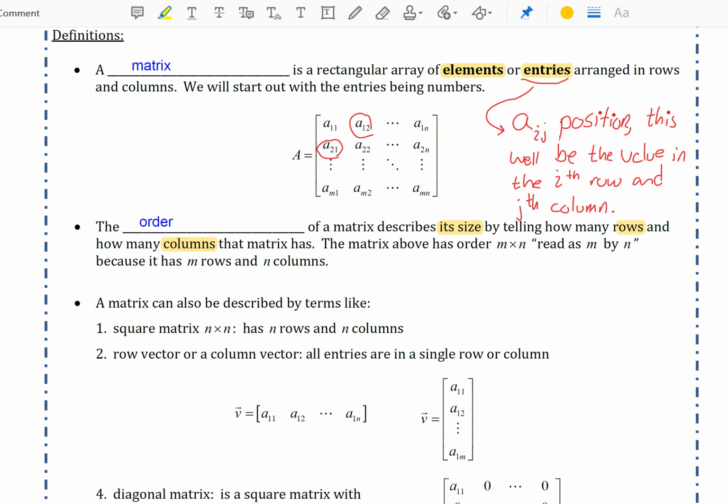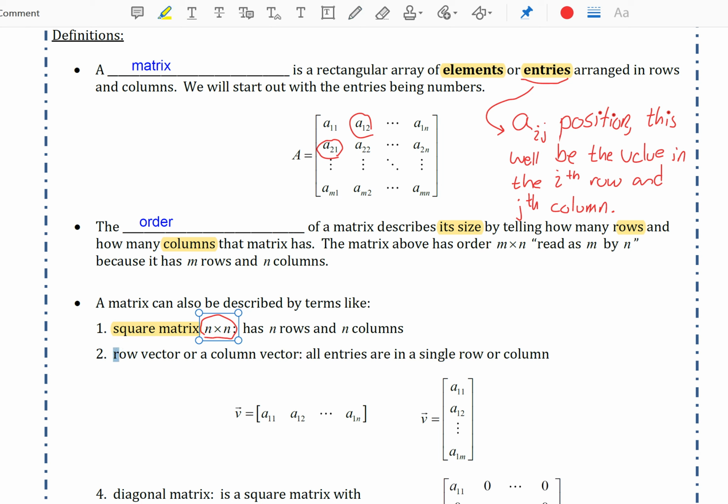A matrix can also be described by terms like square matrix. A matrix is square if it has n rows and n columns, in which case its order is n by n. It has the same number of rows and columns.